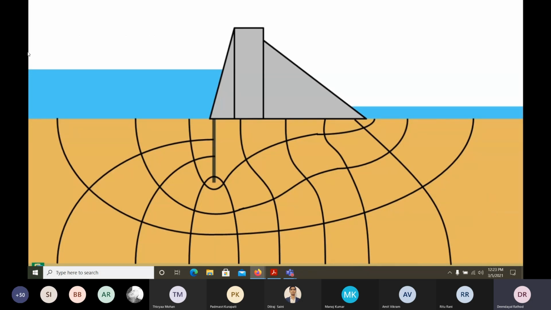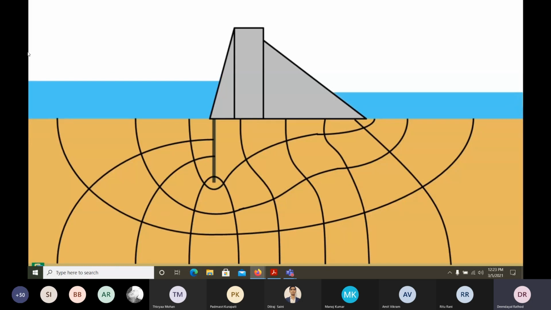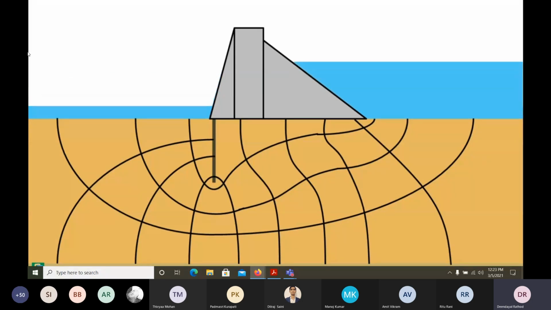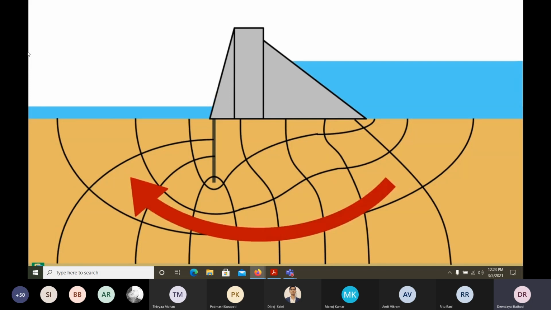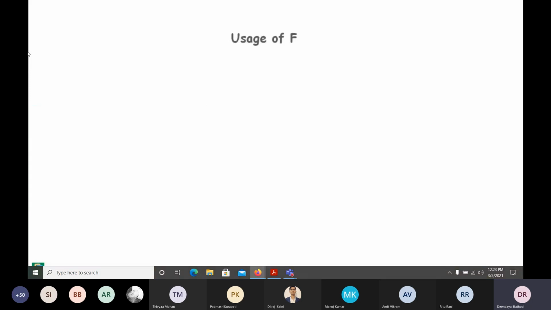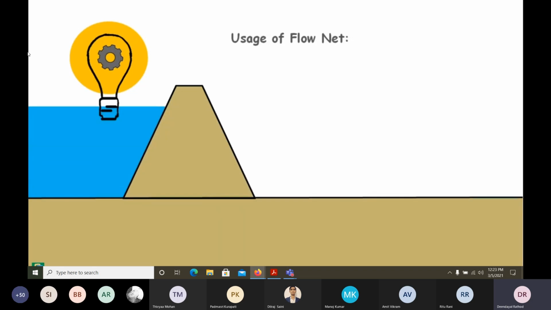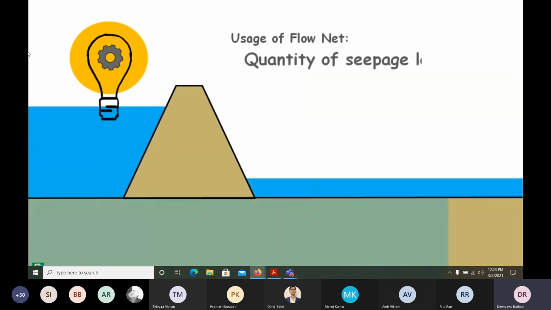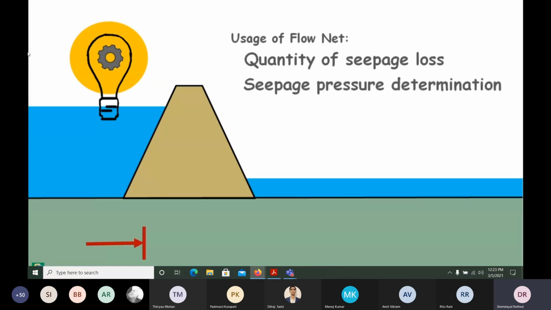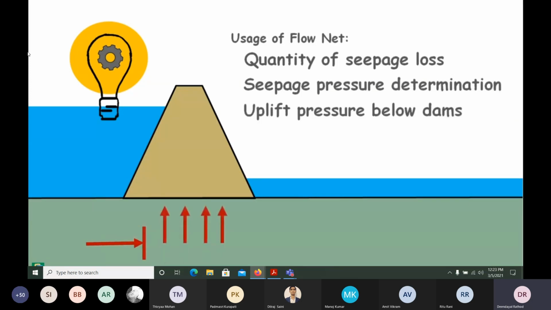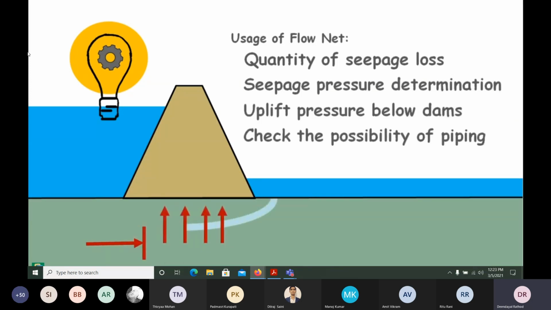Flow net will also remain unchanged even if the upstream and downstream water levels are reversed. Only the direction of the flow will be reversed. We can use the flow net to find solutions to our engineering problems, such as the estimation of quantity of seepage losses from reservoir, determination of seepage pressure, uplift pressure below dams, and to check the possibility of piping and many others.